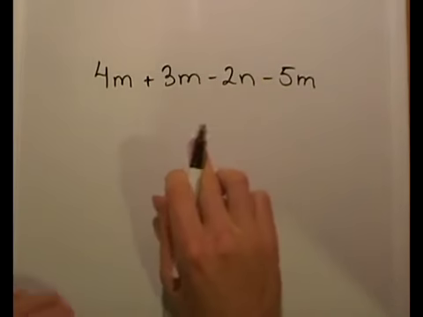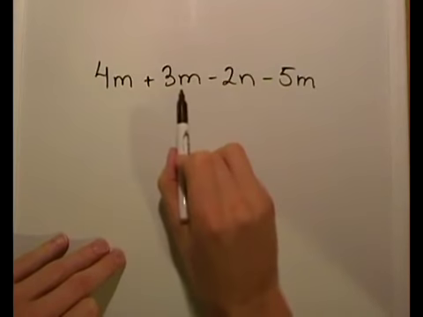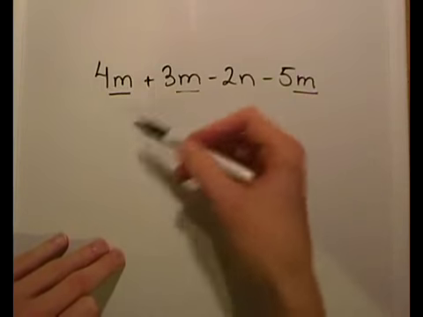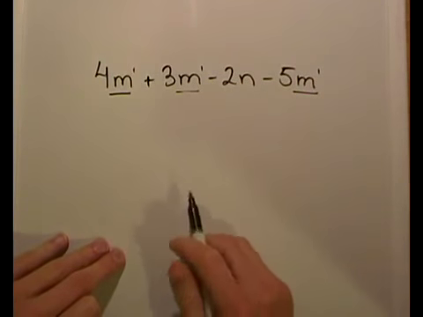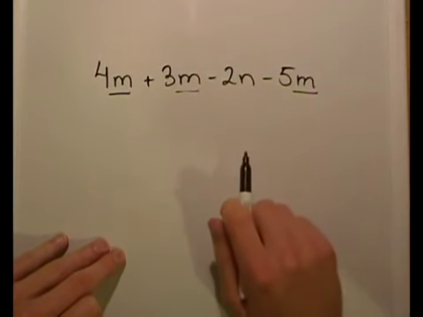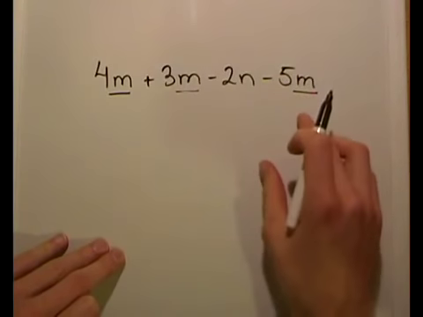You can only combine like terms. So m can only be combined with m. Okay, so we have 3 m's here, m's to the first degree. Remember, there's a 1 here, but it's understood that there's a 1, so it's never written out. So we can only combine like terms of the same degree.